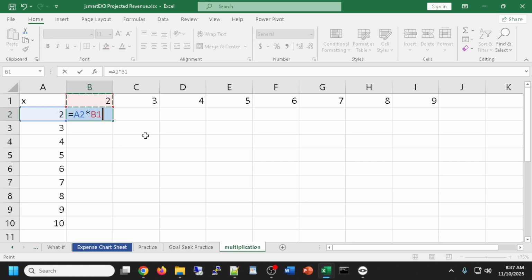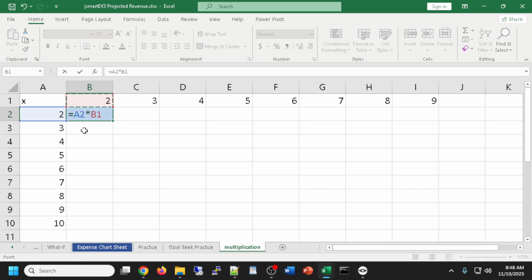Now, before I leave and get ready to fill handle down and fill handle across, what should not change when I fill down or across? Let's think about filling down. What should not change when I fill handle?